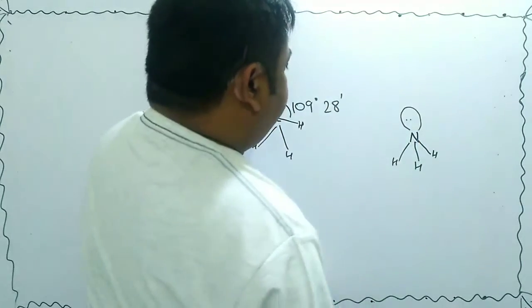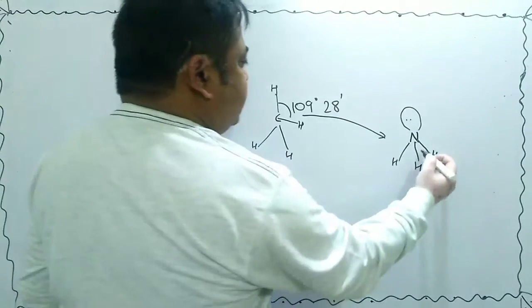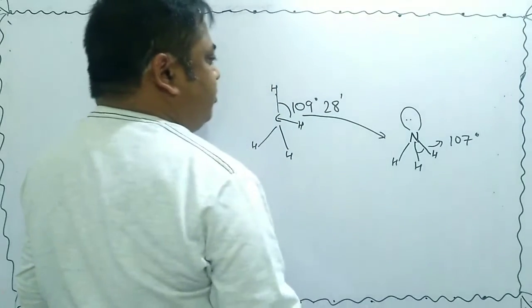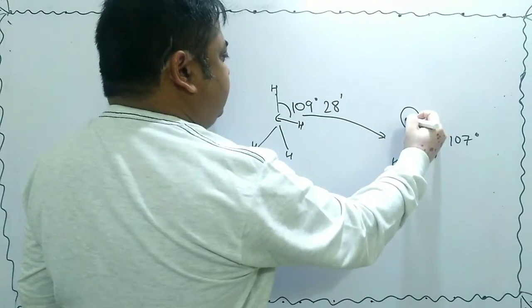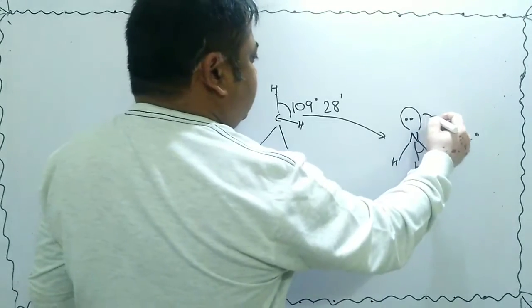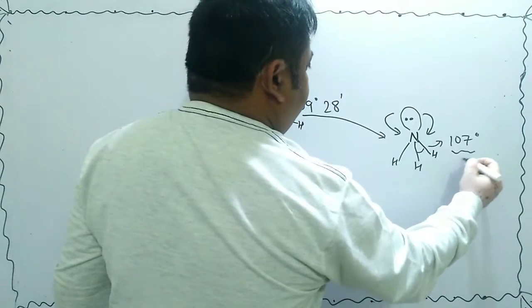The bond angle is lesser than 109 degree 28 minutes. This bond angle is around 107 degree. Why? Because of this lone pair. According to VSEPR theory, valence shell electron pair repulsion theory, the lone pair of electrons pushes these bond pairs downward. As a result, the bond angle reduces.